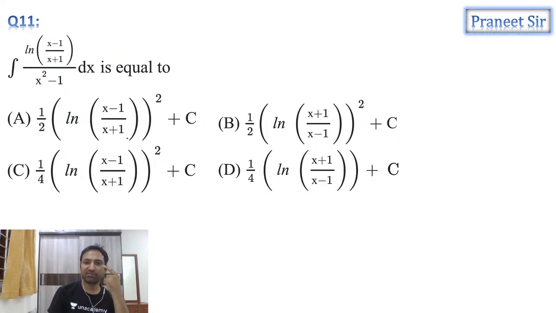So you can see here everywhere x minus 1 by x plus 1 is there. So I will take x minus 1 by x plus 1 as t, guys. If I take x minus 1 by x plus 1 as t, let's see what I get.